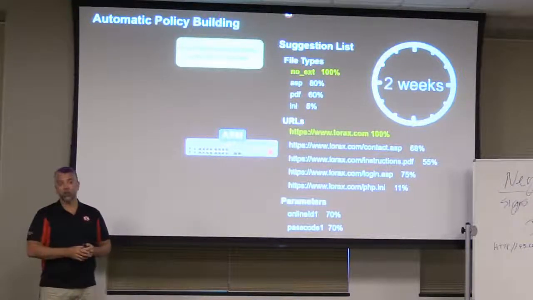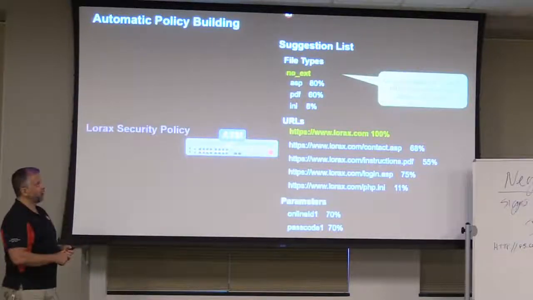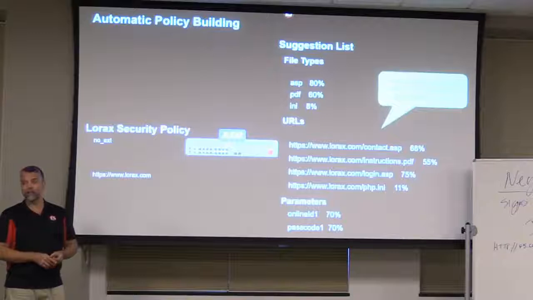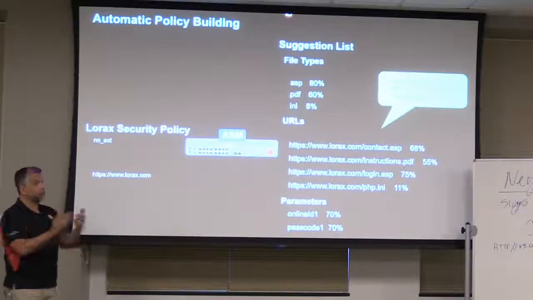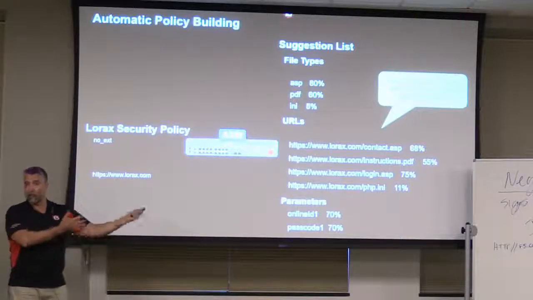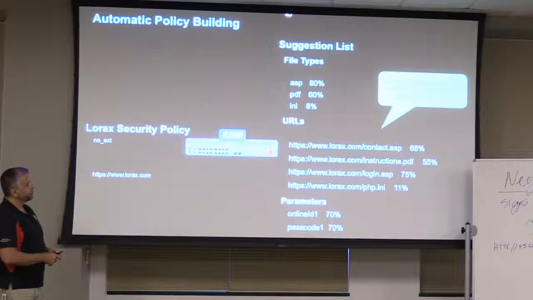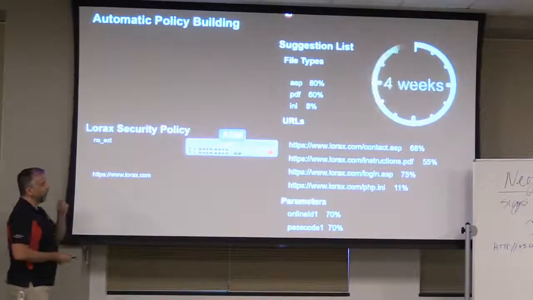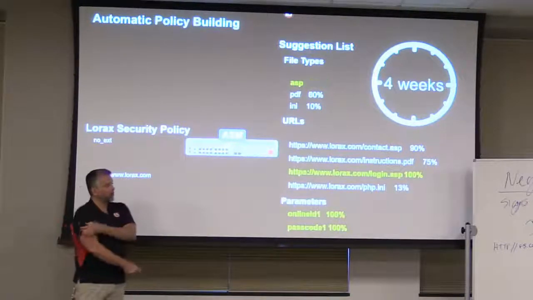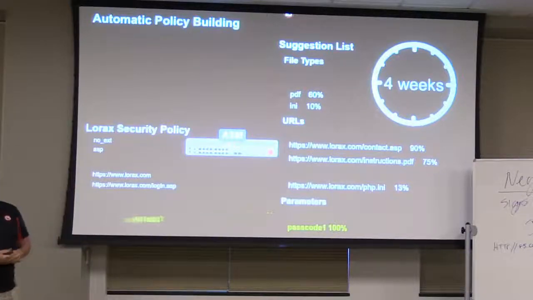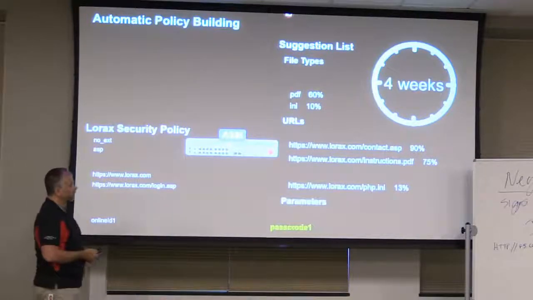In automatic learning mode, as soon as something hits 100%, it automatically gets added to the security policy as an acceptable item, in this case, in the whitelist for both file type and for URL. And now time continues to go by, and we have a few more items that have hit 100%, and they will automatically get added to the security policy.